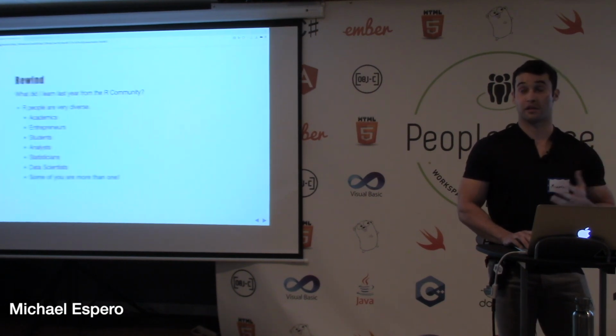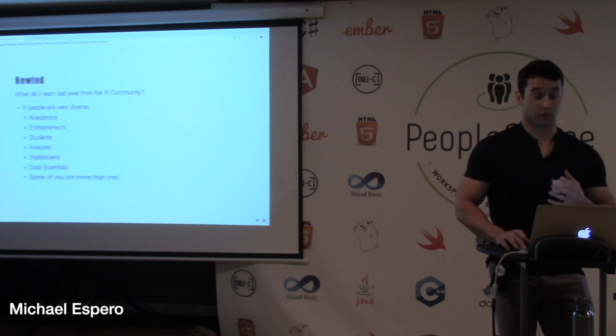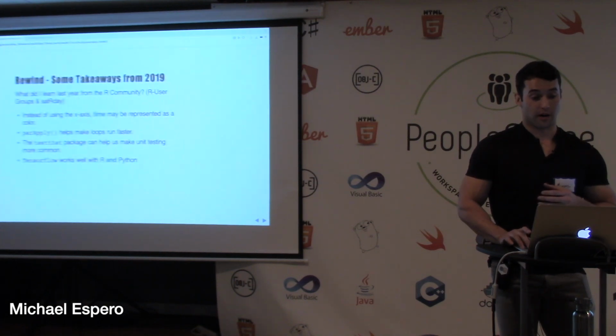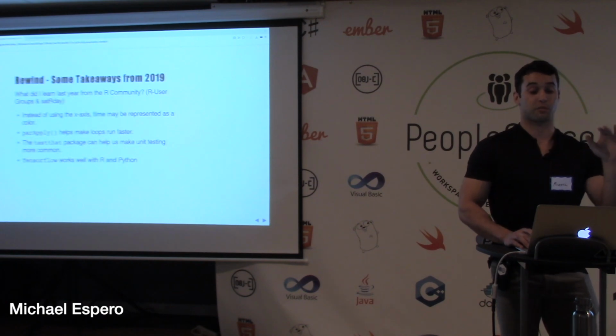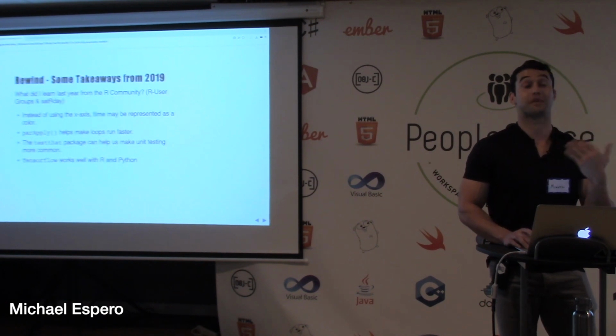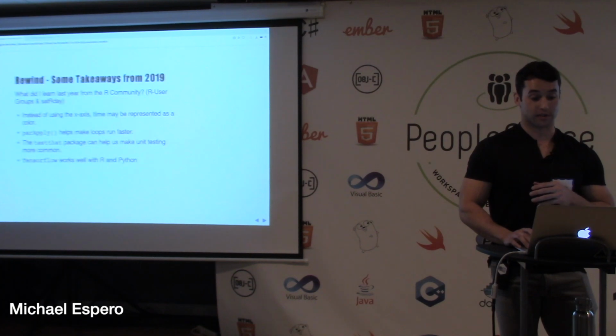We're made up of academics, entrepreneurs, students, analysts, all sorts of professionals, and some of you are more than one, which is absolutely amazing. Last year, one of the things that I thought was really cool, there was a visualization competition, and someone who may be here, instead of putting time on the x-axis, represented it with color, which I thought was really awesome.